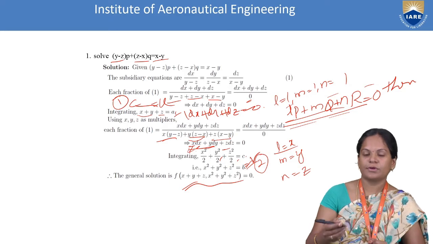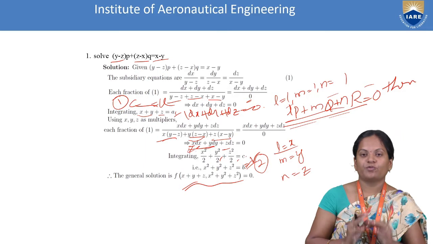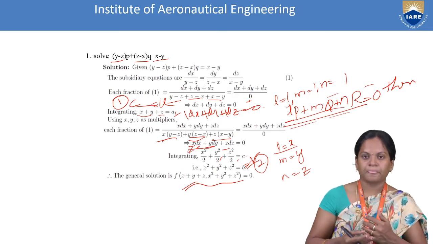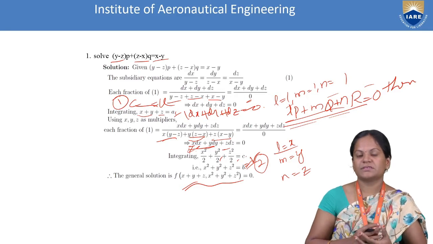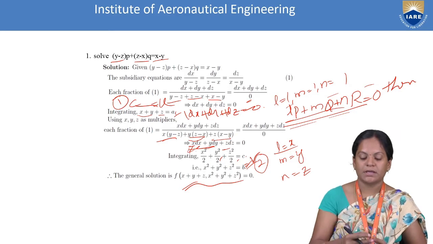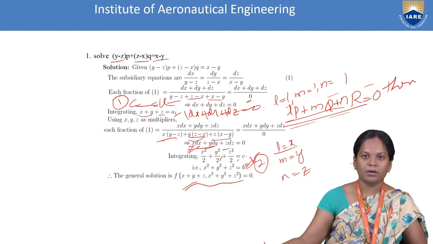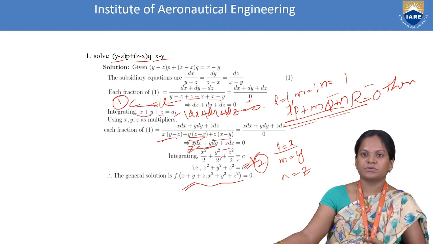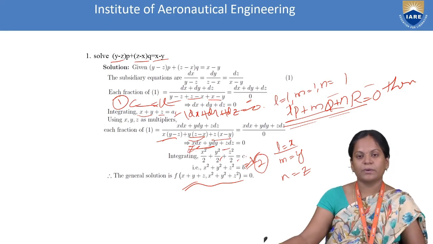Sometimes the two solutions we get from multipliers only. In some cases, one solution we can take by grouping and another solution by taking multipliers. But in some cases we have to choose two different multipliers. In the first case, we choose multipliers 1, 1, 1. In the second case, we choose multipliers x, y, z. There, what is the condition we have to check? LP plus MQ plus NR must be equal to 0.